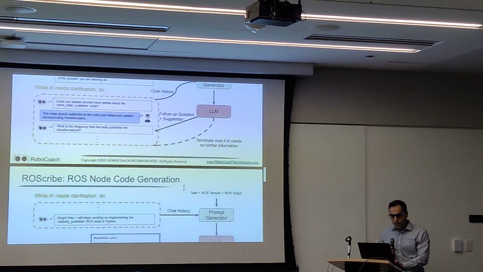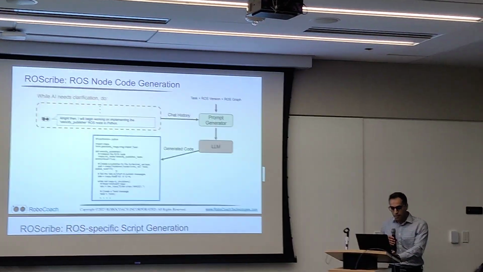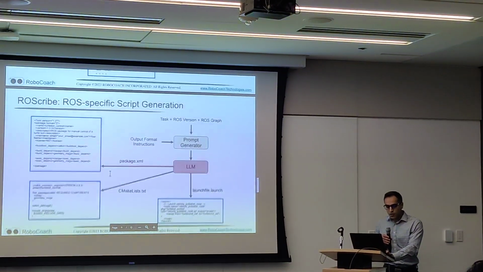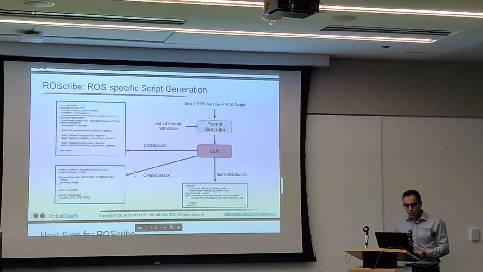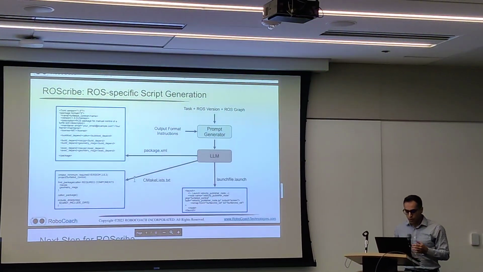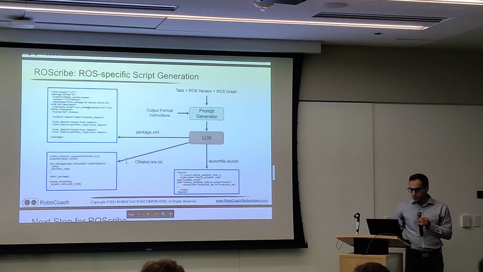And when everything is clear, we generate the code for that ROS node. Then at the end, we also generate all the necessary files that you would need for ROS, for installation, for the launch. They are all generated here.